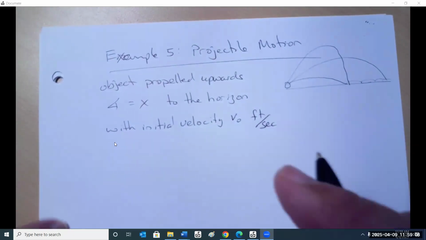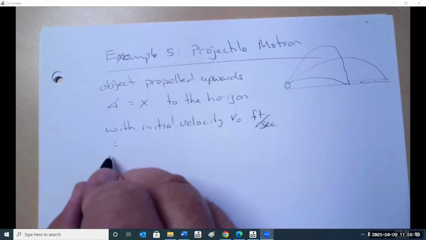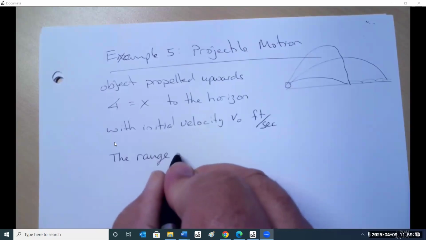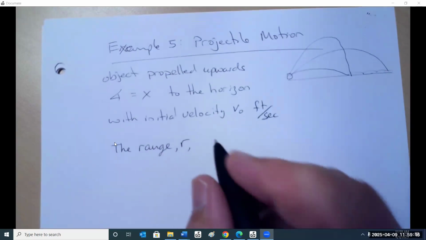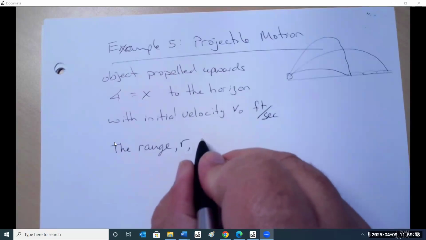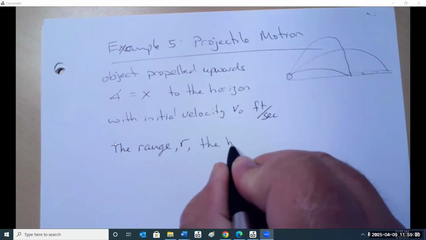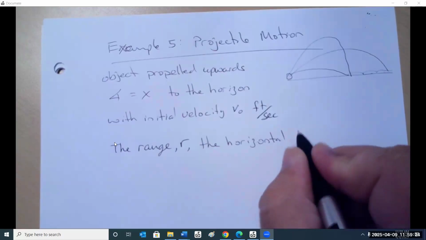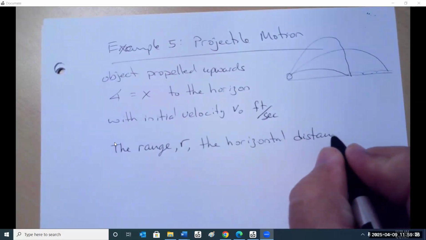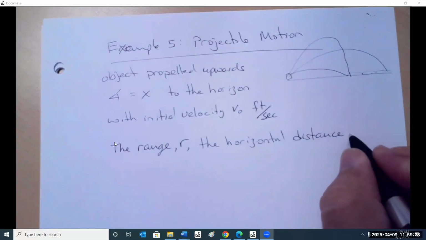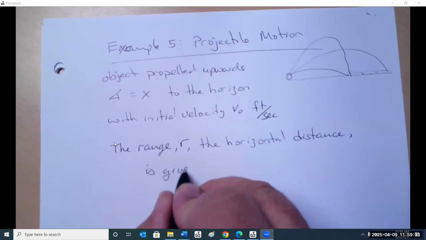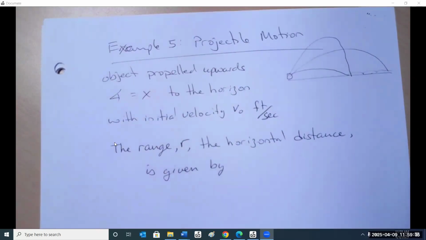If air resistance is ignored, the range R, which is the horizontal distance, is given by this function.